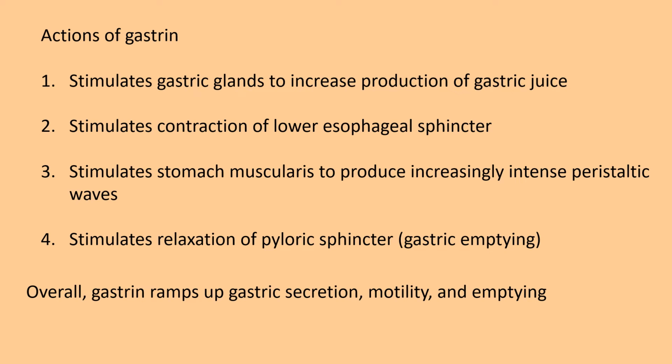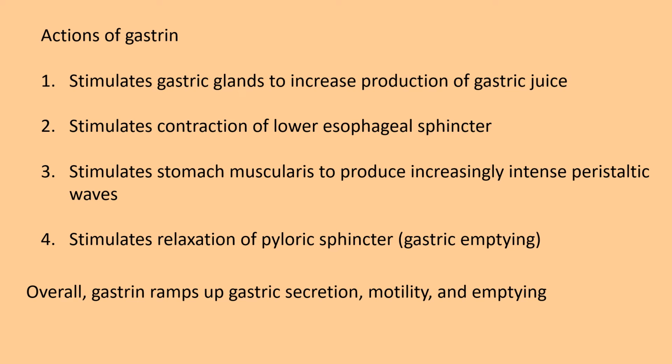Another action of gastrin is to increase the intensity of those mixing waves in the stomach. So the muscularis starts to churn quite vigorously, and that's going to allow the gastric juice to mix with the recently ingested food material to produce this liquid called chyme. And then eventually, gastrin will cause the relaxation of the pyloric sphincter. I hope you remember that the pyloric sphincter occurs at the junction of the stomach and the duodenum, the first region of the small intestine.